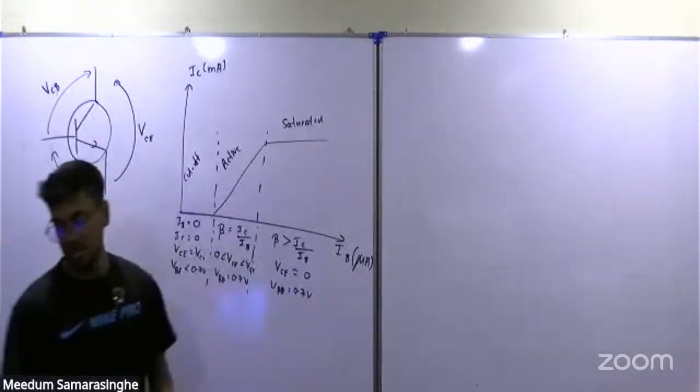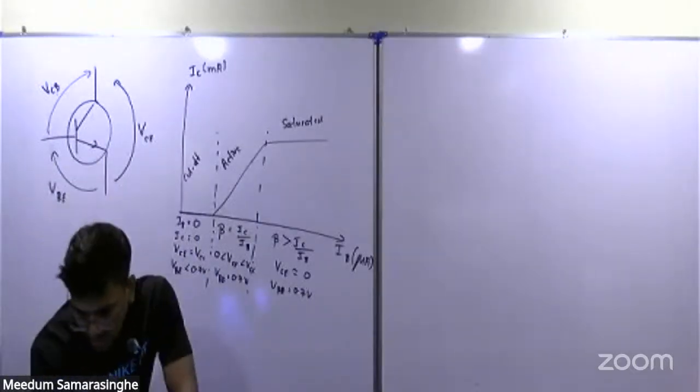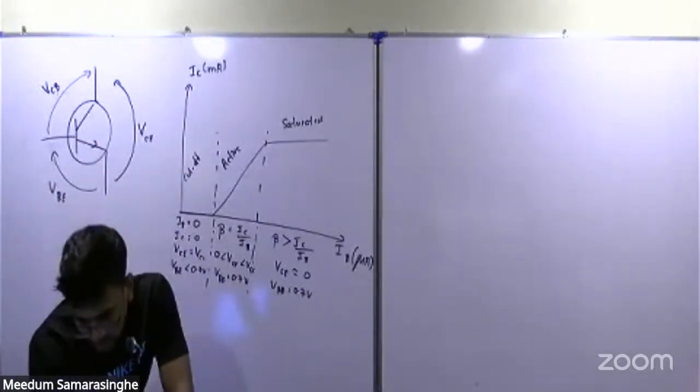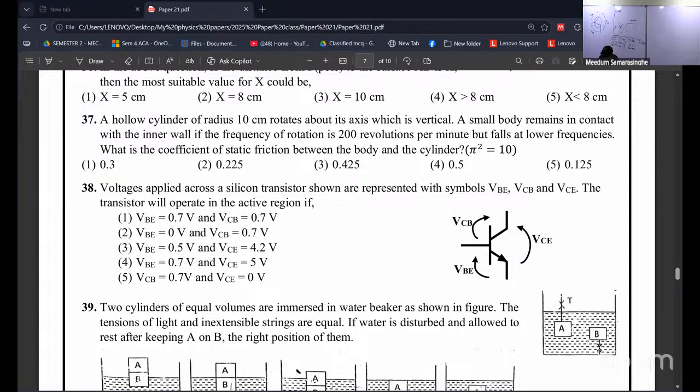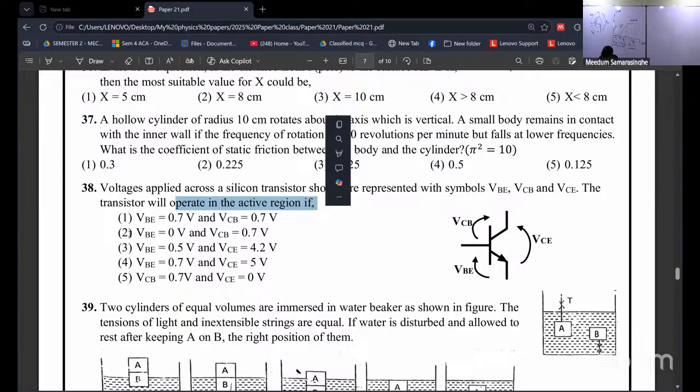Now the question. Now we need to find the situation where the transistor operates in the active region. When VB is equal to 0, that means it is lesser than 0.7, right?